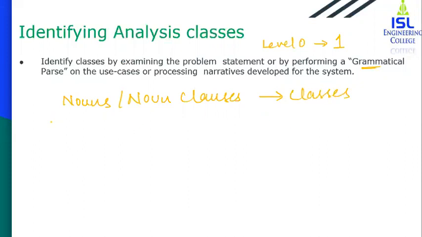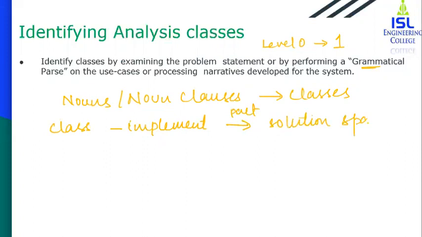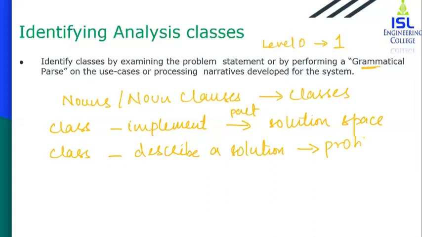When you identify the classes, if a class is required to implement a solution, then it becomes a part of your solution space. If a class is necessary only to describe a solution, then it becomes a part of your problem space.